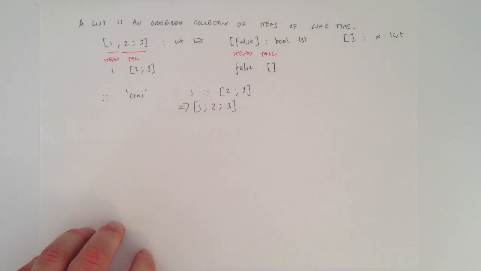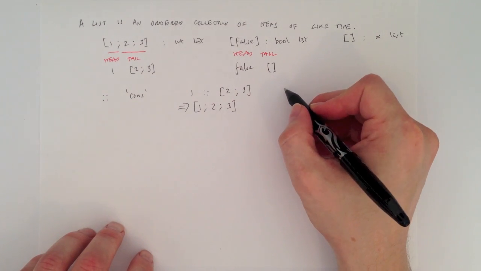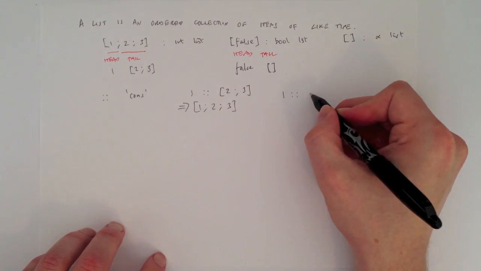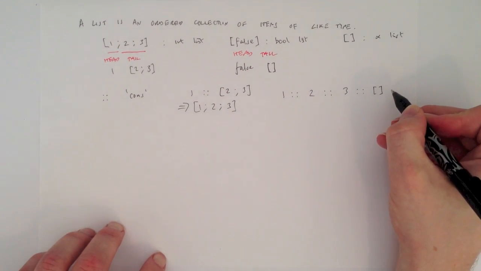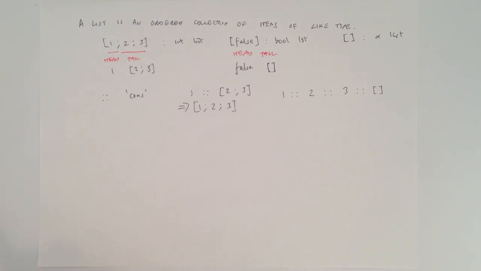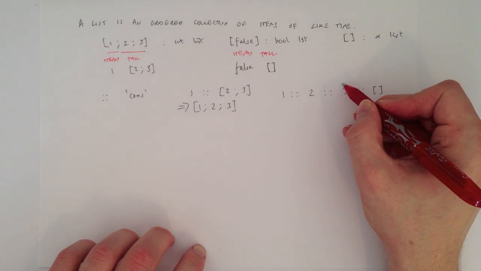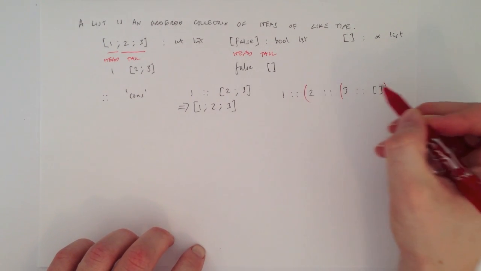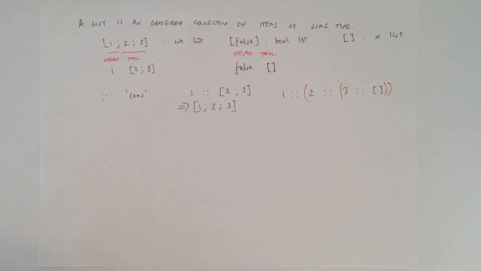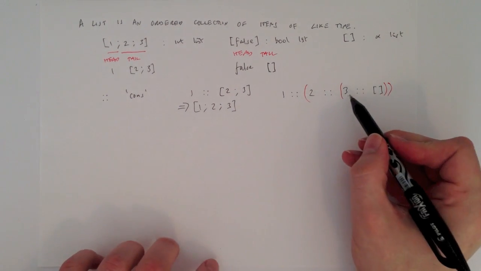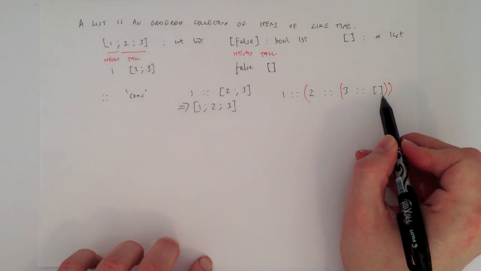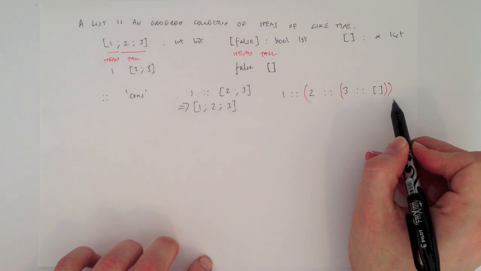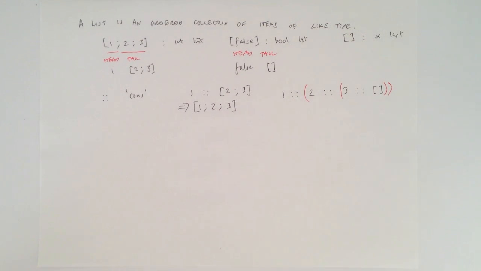And in fact, the list 1, 2, 3 can also be written 1 cons 2 cons 3 cons the empty list, and the cons operator has associativity such that these implicit parentheses are there, but we don't write them out. So you can see that this list is built up by consing 3 onto the empty list, consing 2 onto the list containing just 3, and then consing 1 onto the list containing 2 and 3, and thus the whole list is created.